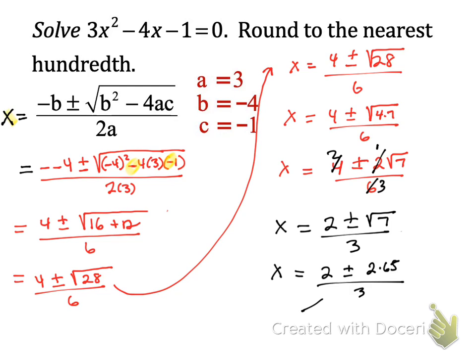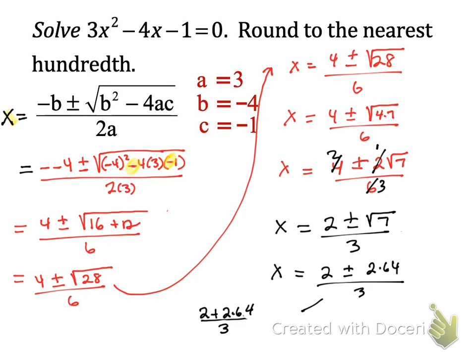So that means 2 plus 2.65 divided by 3. It was actually 2.64. All right, erase that.